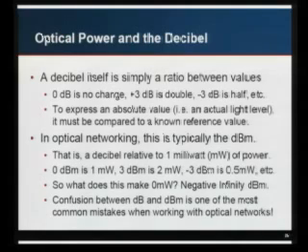In optical networking, we use dBm, which is decibels relative to 1 milliwatt of power. In wireless networking, you might see dBi, you might see various other things, but it's the same concept. So 0 dBm is 1 milliwatt of power, 3 dBm is 2 milliwatts, minus 3 dBm is half a milliwatt.